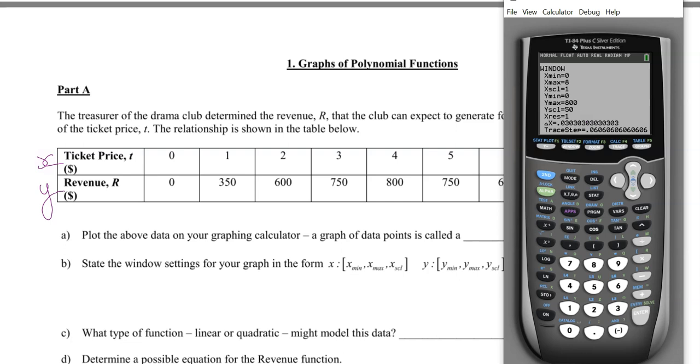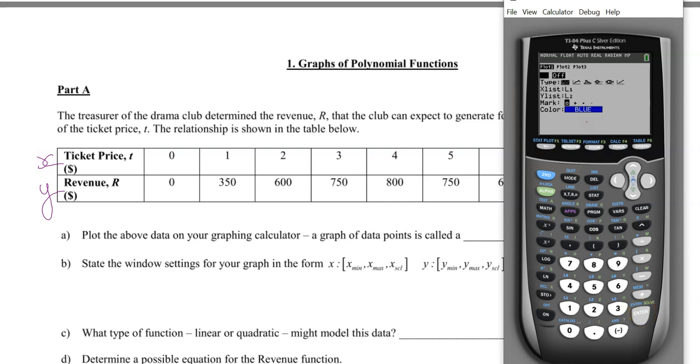Okay, we entered the data. So what we want to do is look at these points. You go second function, y equals, so that's the blue. We're going into the stat plots. Plot number 1, so you'll be on plot number 1.